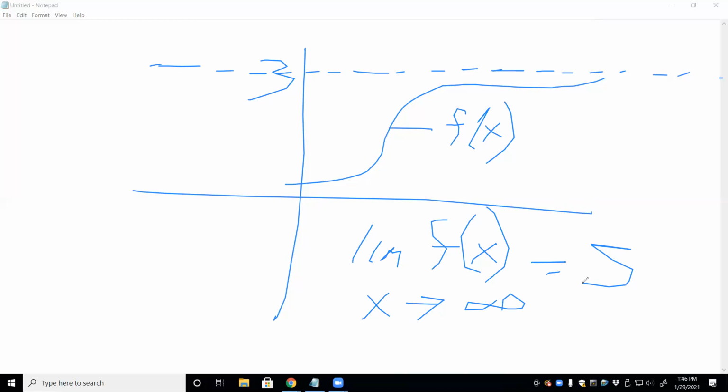I want to dig a little deeper and piggyback off of this point. Let's say the limit of f of x as x approaches 2, and then also f of x equals 4. Is that going to explain that there's a vertical asymptote or a limit at 4?